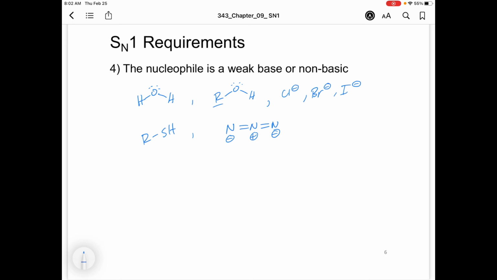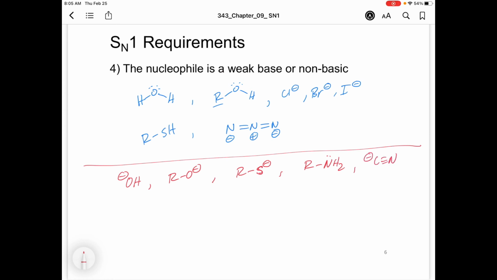Now, ones that are not good nucleophiles for SN1 are the following. Hydroxide. You can have an alkoxide. You can have a thiolate, this S minus. Actually, amines are not good for SN1. You can also have a cyanide anion here. Now, these are all too basic for SN1 reactions.